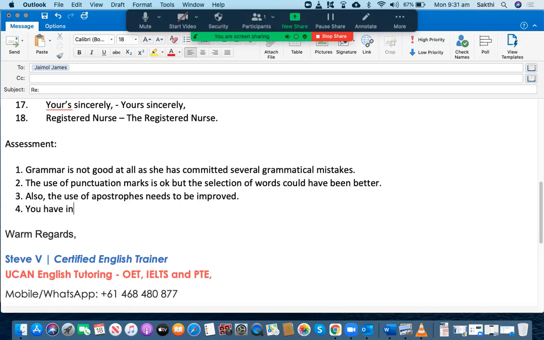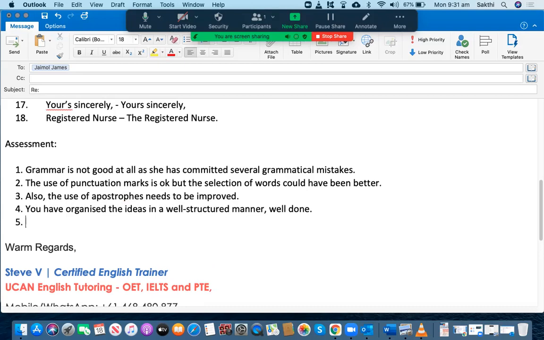You have organized the ideas in a well structured manner. Well done. That's a good job. But the problem is you have limited control on the use of a variety of sentence structures.